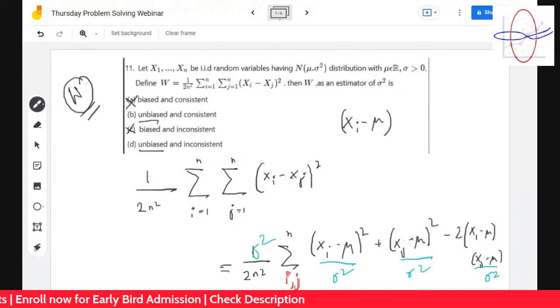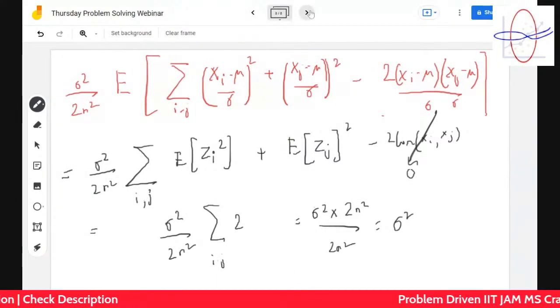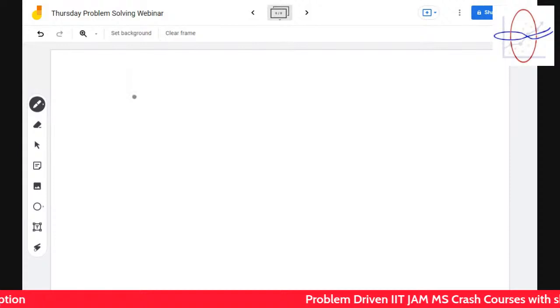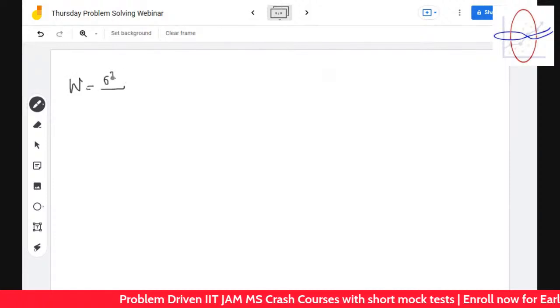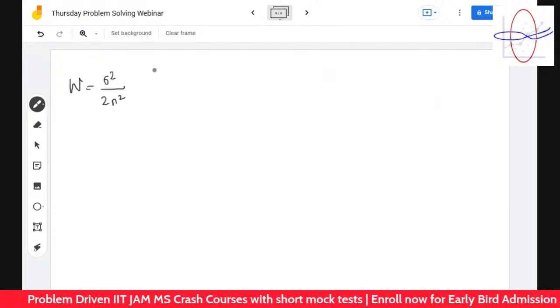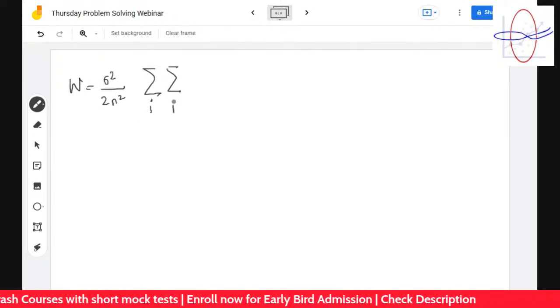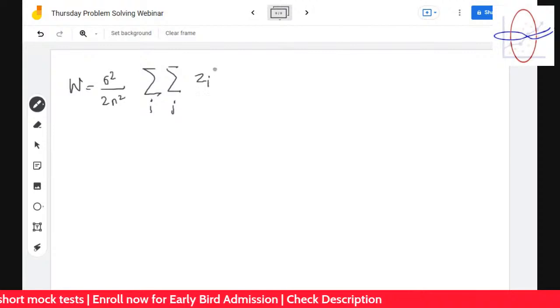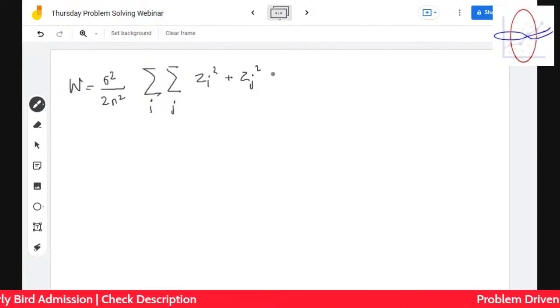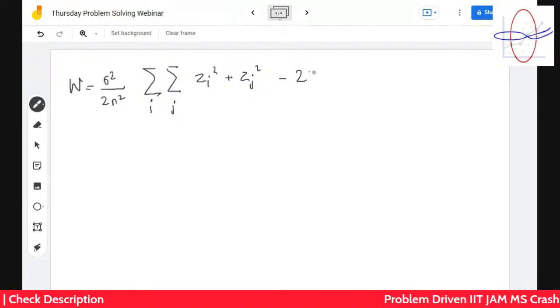So maybe you have to make it into a good format. Let's write this format down again. We have that W is nothing but sigma square by 2n square, summation over i, summation over j, zi square plus zj square minus twice zi zj, right?